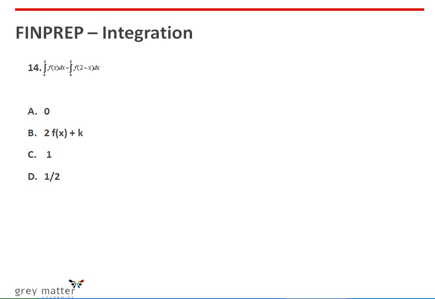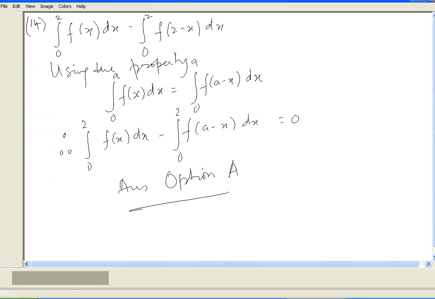Question 14. Integral 0 to 2 f of x dx minus integral 0 to 2 f of 2 minus x dx. Going to our worksheet, integral 0 to 2 f of x dx minus integral 0 to 2 f of 2 minus x dx.